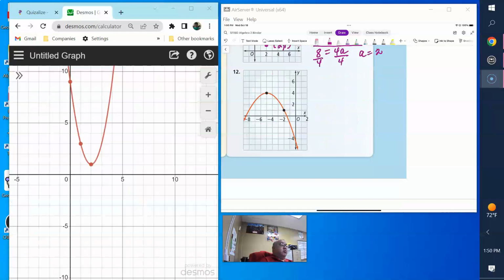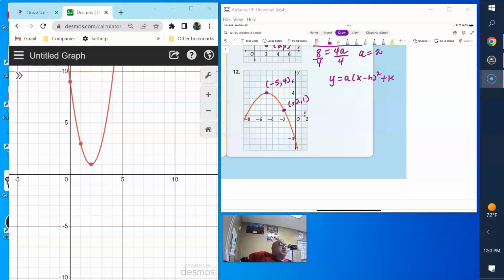So once again, we're writing the equation for this graph, and we know that the vertex is (negative 5, 4), and I know that this point is (negative 2, 1). So to write the equation, we have y equals a(x minus h) squared plus k, where h, k is the vertex.